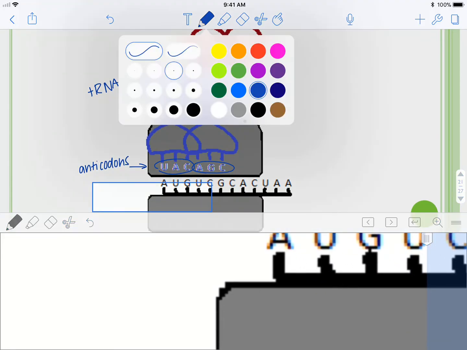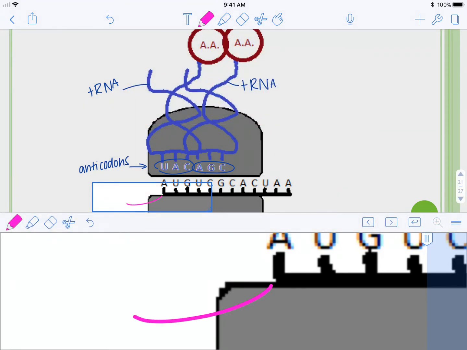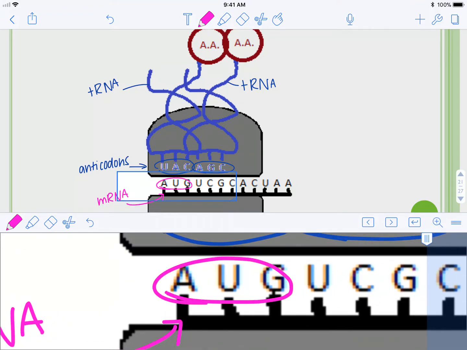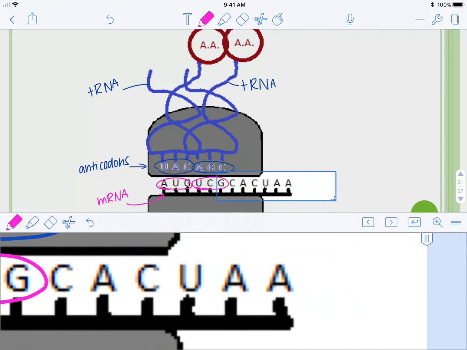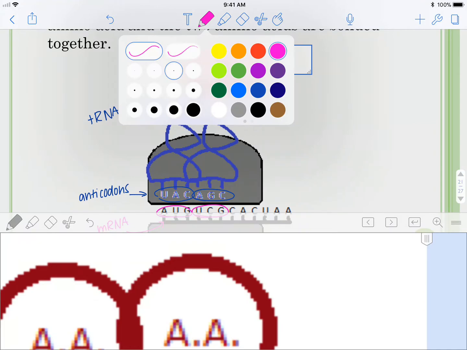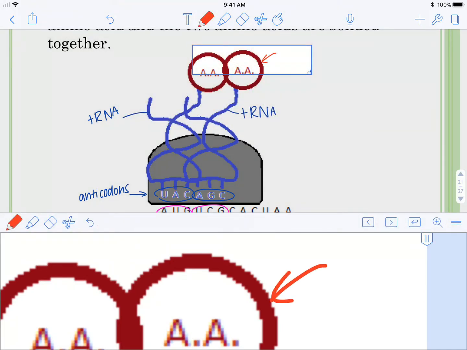We should have our mRNA down here. And I should see, here's my first codon, here's my second codon. And these red bits are the amino acids.